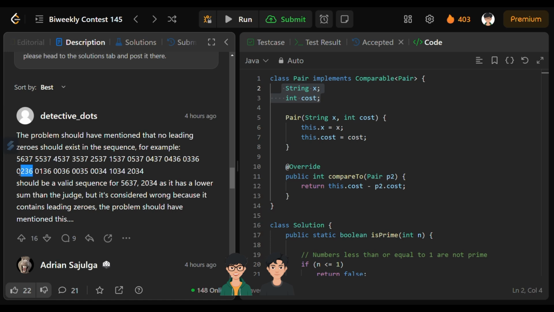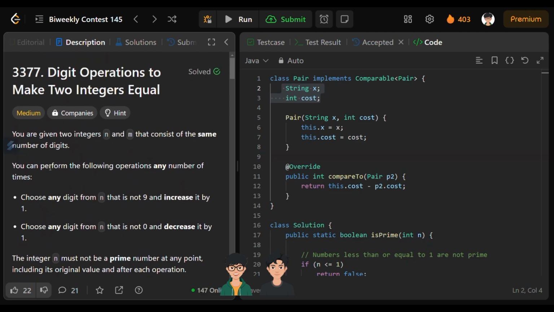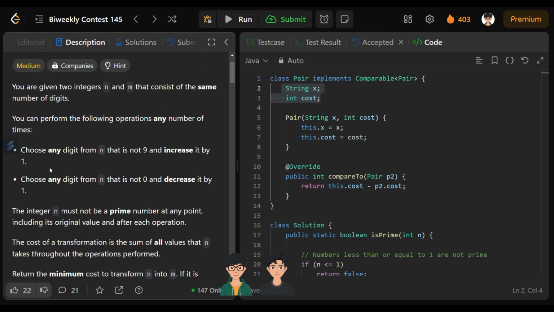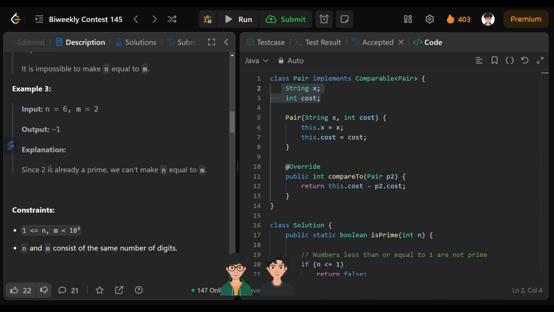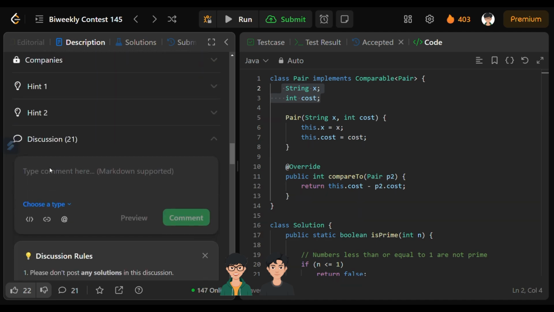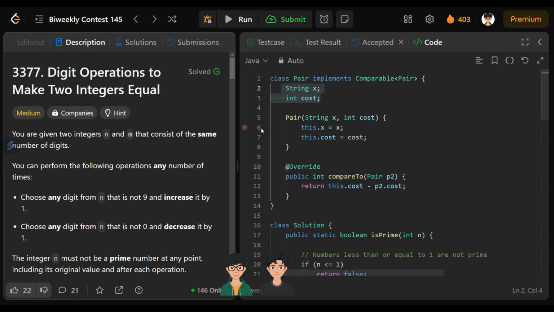So basically the question wanted to say that we cannot go to a node or number which has leading zeros, but they have not explicitly mentioned that in the question. Priyanshu and I cracked the logic in very little time, but due to that incomplete explanation we were not able to identify it. Then we saw the discussion forum, and we got to know this.